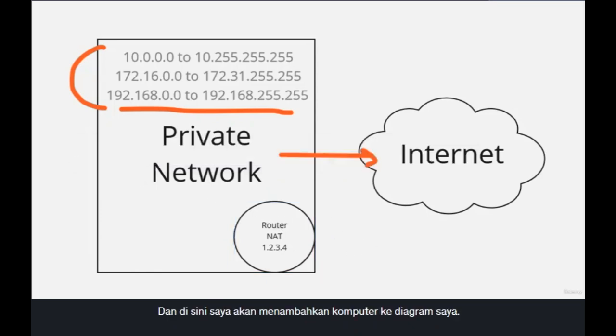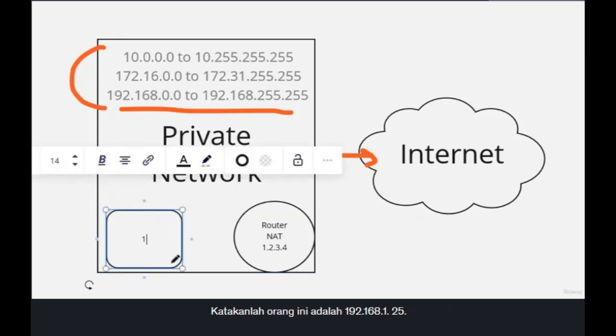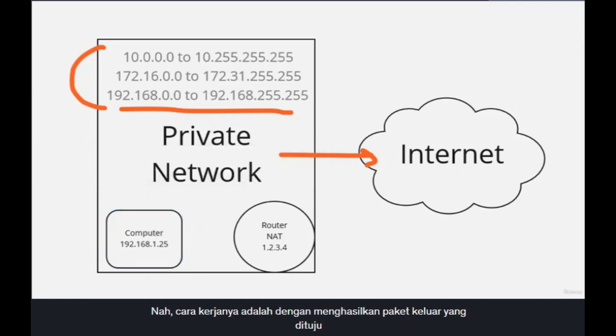And here I'll add a computer to my diagram. Let's say that this guy is 192.168.1.25. So that's the address of one of my computers, and this computer needs access to the internet. Well, the way that this is going to work is it is going to generate a packet outbound headed towards the internet, and the router will capture that, and it'll perform what we call a source network address translation.